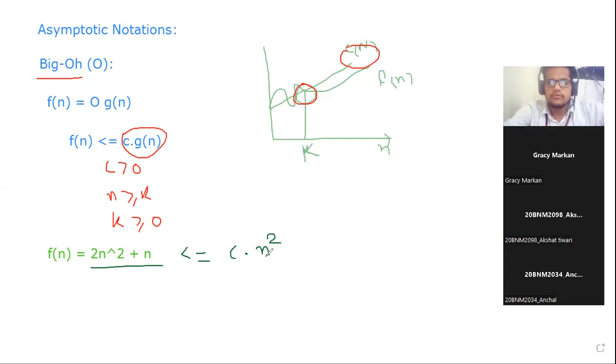Now, when is this condition true? What value are we going to assume here?